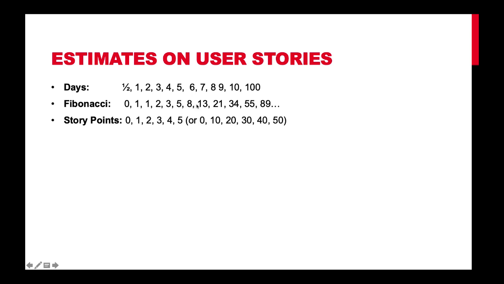You may not know this, but the human mind naturally thinks in exponents. You actually, by nature, think exponentially. So a Fibonacci sequence is actually much easier to understand than using days. Other folks will use straight story points: 0, 1, 2, 3, 4, 5, or 10, 20, 30, 40, 50. I say use whatever creates nice separation for you.